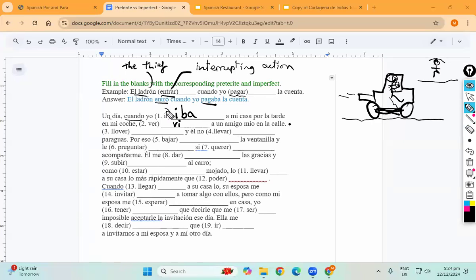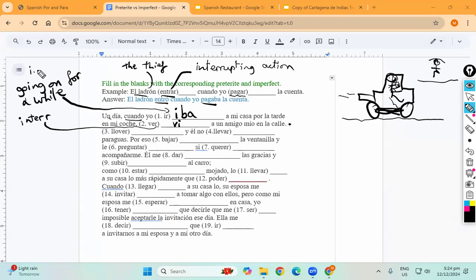If we don't know a word, you have to ask. And of course, you could always look it up, right? All right, so this one is going on for a while. And the cuando is also a clue. And then vi is the interrupting action. Right? So interrupting action here, so it's preterite. So this is imperfect, right?